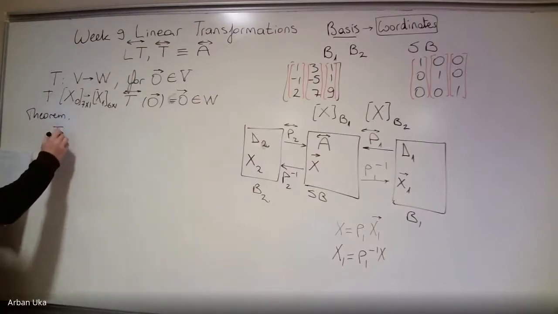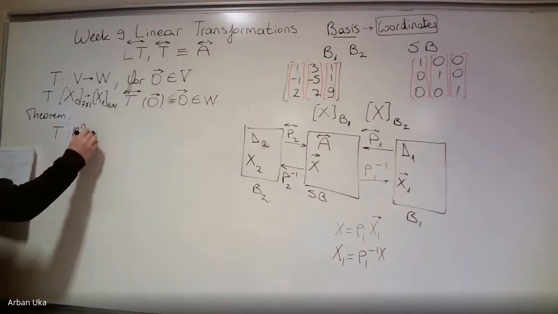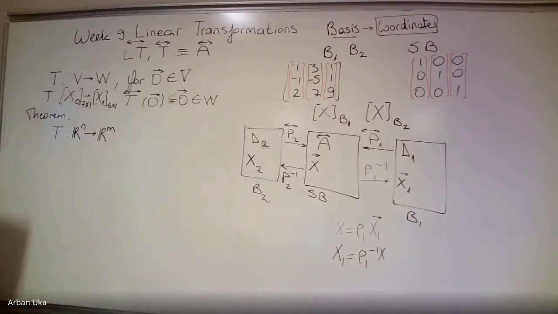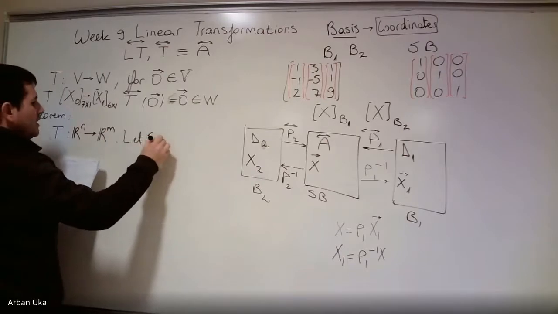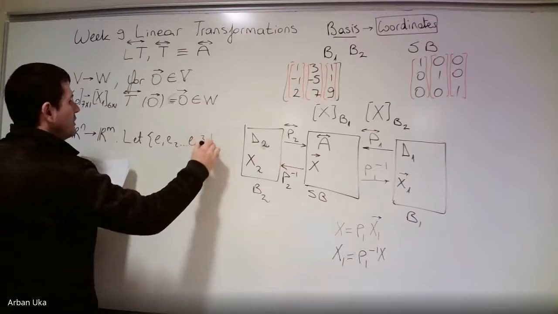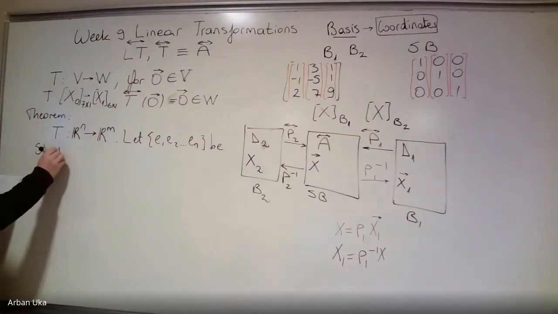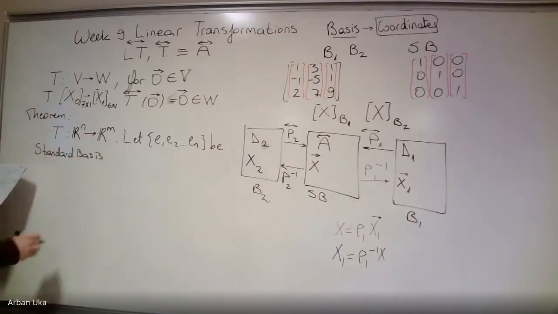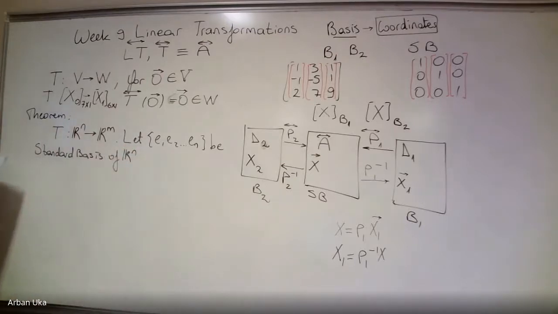Now, the theorem that we want to talk about is the following. Let's assume we have a linear transformation which leads from Rn to Rm, with n and m being general. Then let E1, E2, En be the standard basis of Rn, okay?